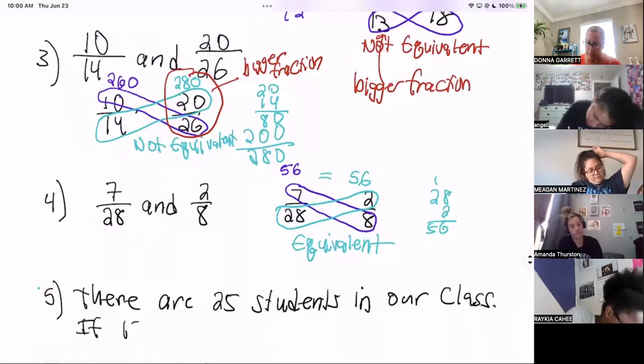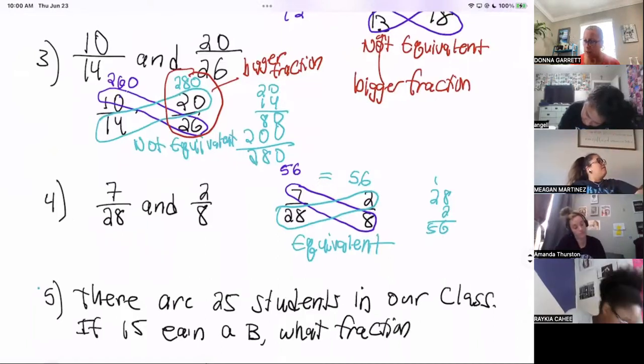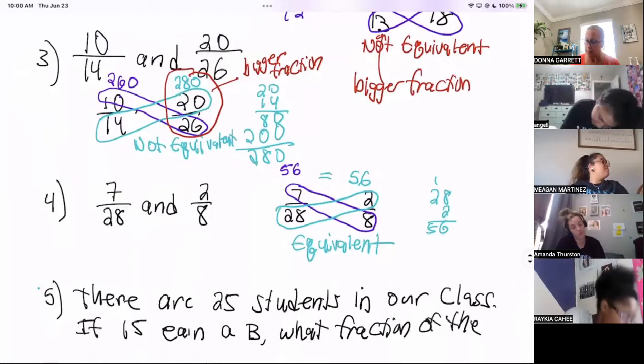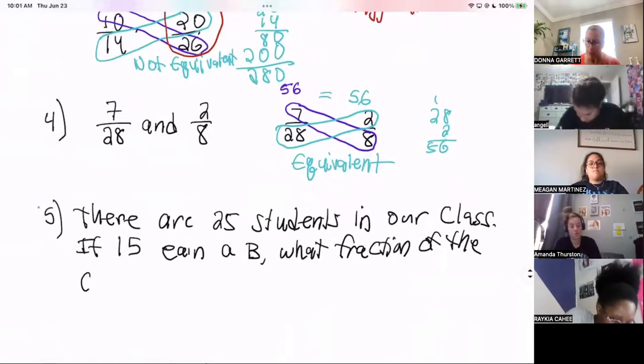If 15 earn a B, what fraction of the class earned a B?